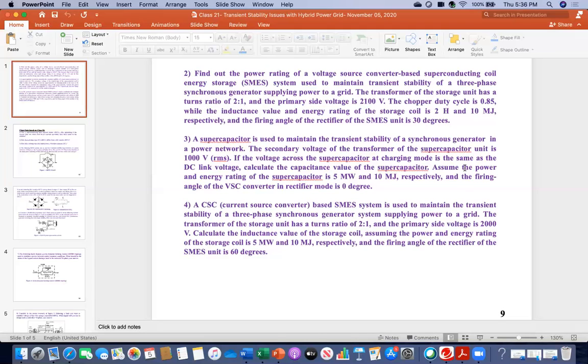Therefore, your supercapacitor, which is the large capacitor, is the actual unit. And for the DC link, you can argue that there is a capacitor, but that is not called the supercapacitor. Because in real practice, the DC link capacitor is very small, typically in the microfarad or hardly in the millifarad range, 5 millifarad, 10 millifarad, or around 100 microfarad.